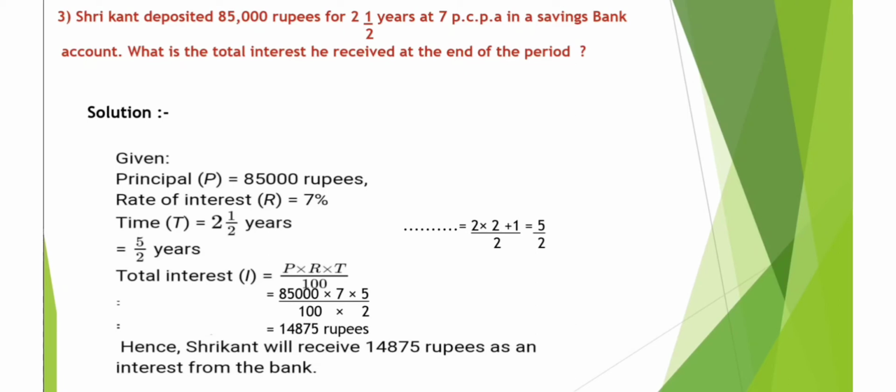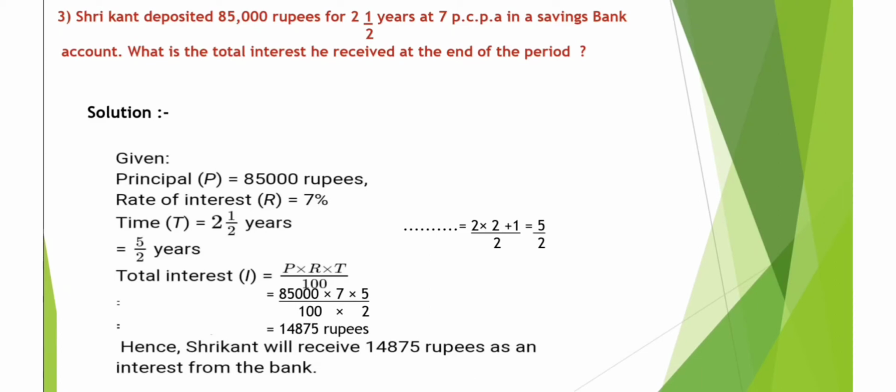Now according to the formula, interest is equal to P multiplied by R multiplied by T divided by 100. P is 85,000, R is 7 and T is 5 upon 2, divided by 100.